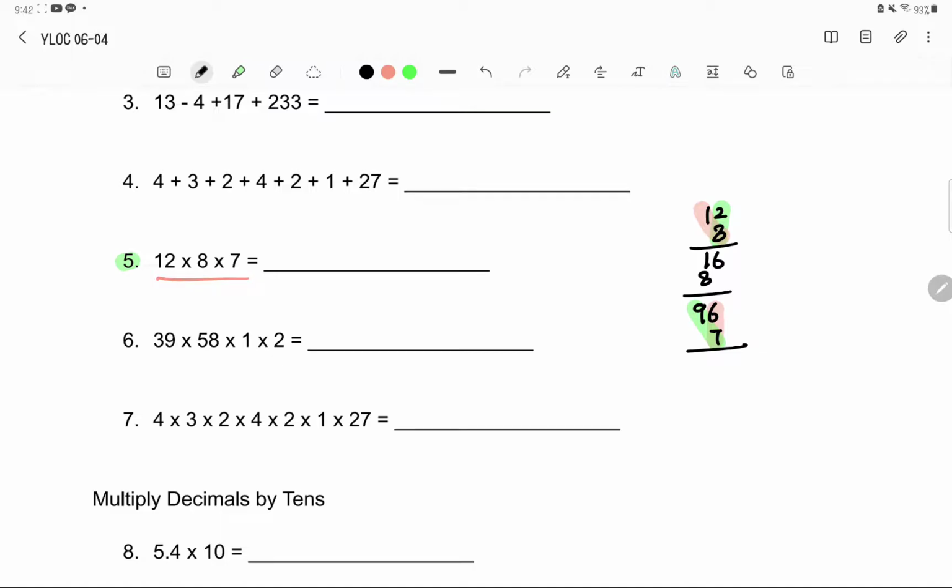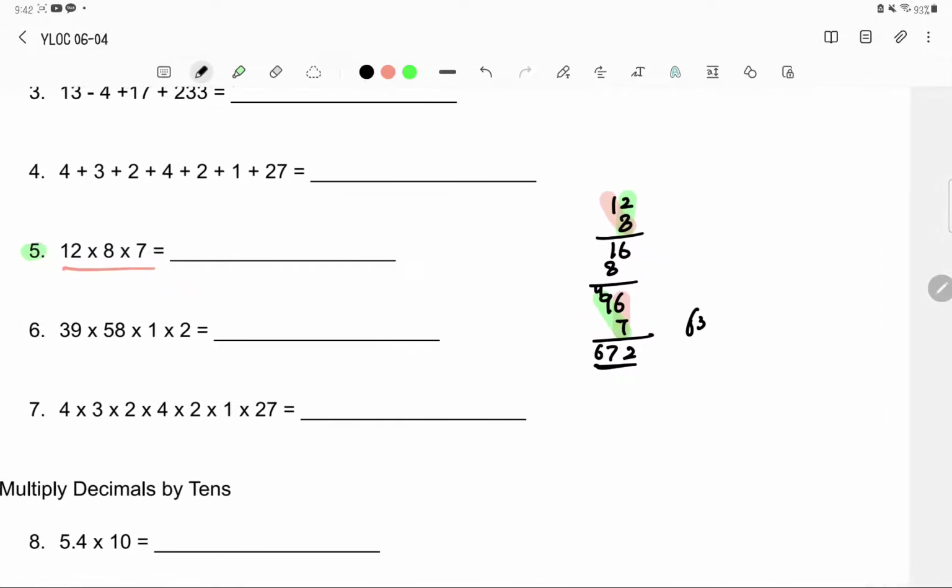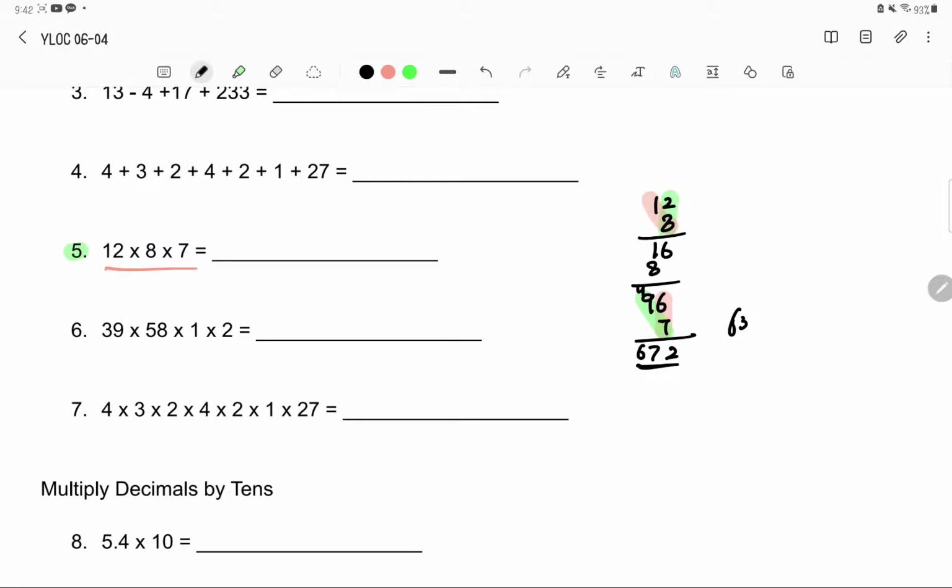6 times 7 is 42, 4, 67, right? So the answer has to be 672. But I'll show you another way, that the order doesn't matter. Let's start off with 8 times 7. It's 56, right?